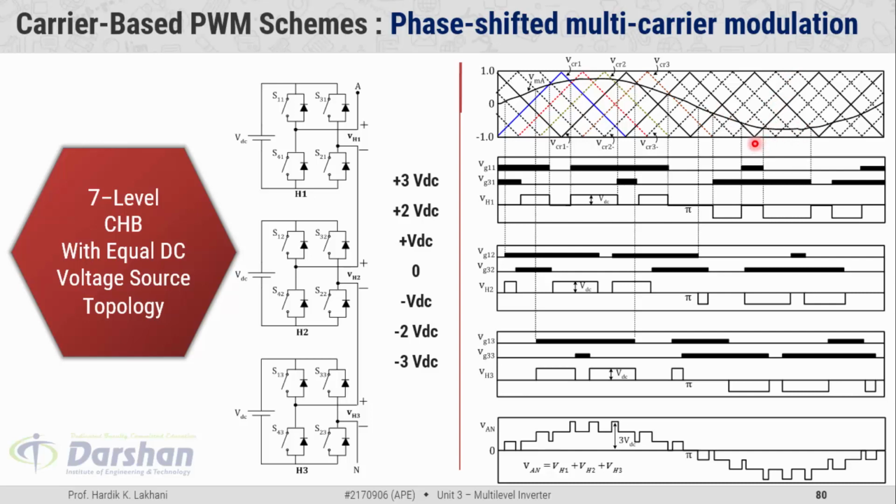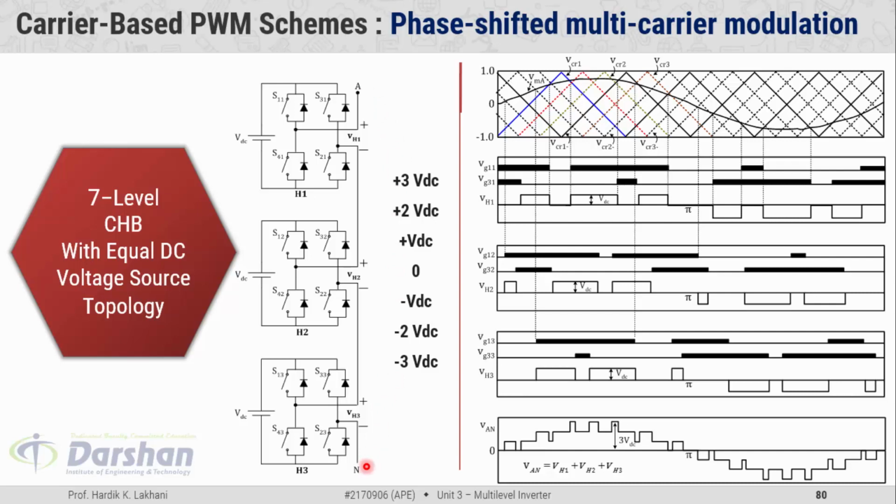The inverter phase voltage VAN can be found by adding the outputs of the H-bridge units together, which means VH1 plus VH2 plus VH3 is equal to VAN, the voltage between the A and N terminals at the output side.